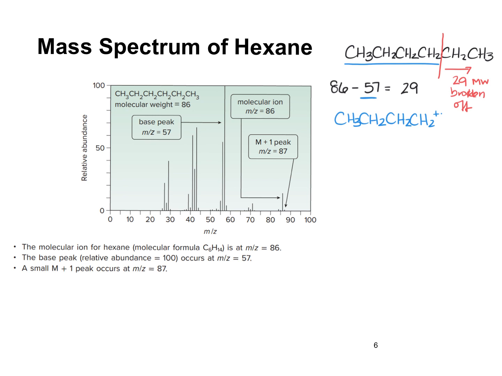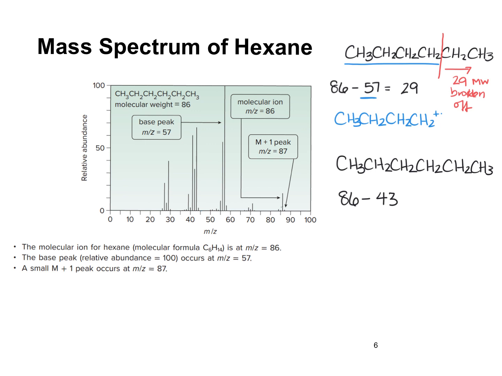Then, if we look at the next peak, not the base peak, but the peak after the base peak, and we're still analyzing this molecule, what we find when we take 86, which is the molecular weight, and subtract 43, which is what we've lost between 86 and here, 43, that's what's broken off.